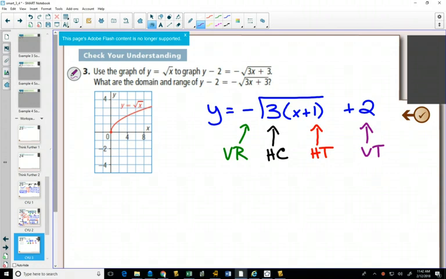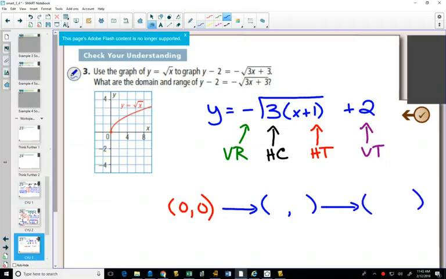So what we're going to do is set things up for our translations. We have a regular square root graph. We're going to take 0, 0. That's a key point. I'm going to set things up with an arrow for my stretches and compressions, an arrow for my translations. And above them, vertical reflection.